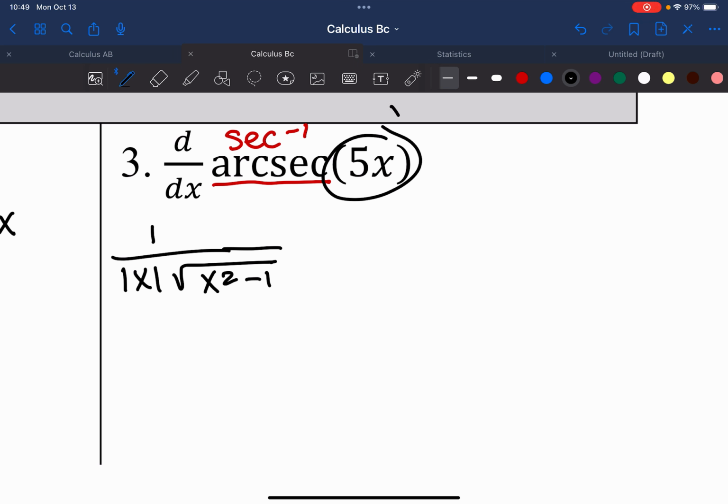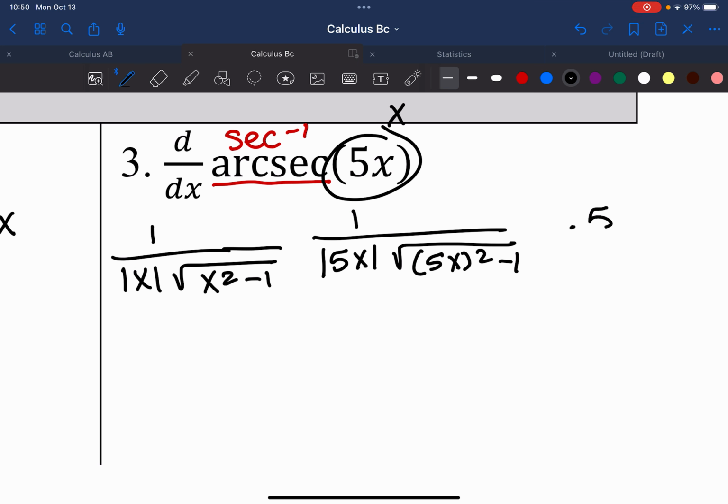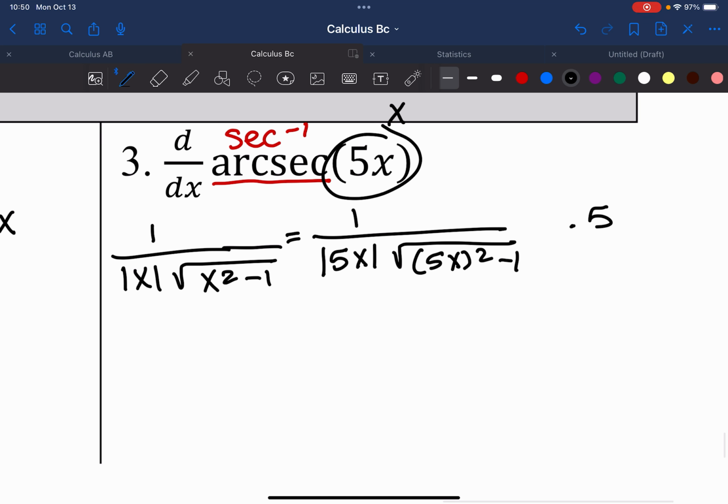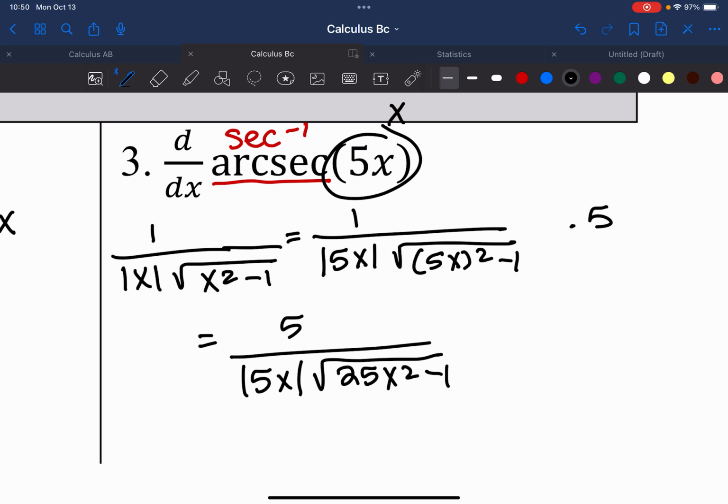In this case, x is 5x, so it's 1 over the absolute value of 5x times the square root of 5x squared minus 1, times 5 because of the chain rule. So then this gives us 5 over 5x times the square root of 25x squared minus 1.